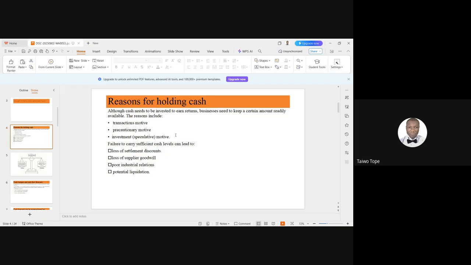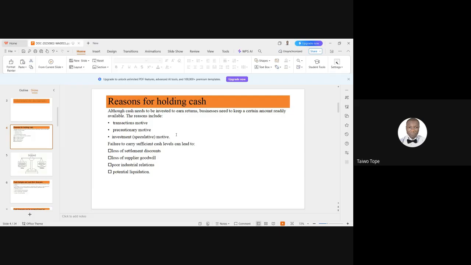And from the slide, I have it that they include the transactions motive, the precautionary motive, the investment or speculative motive, and failure to carry sufficient cash levels can lead to loss of settlement discounts.